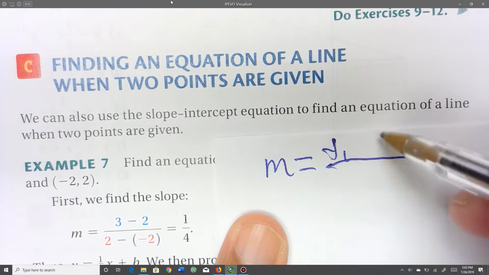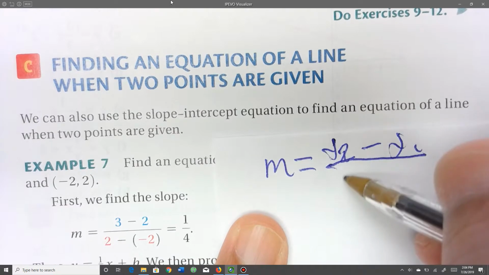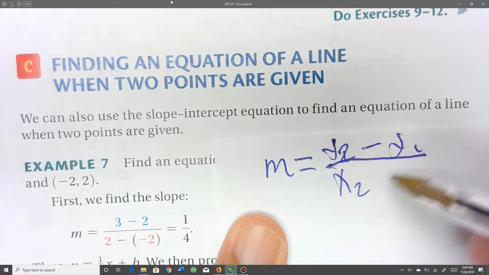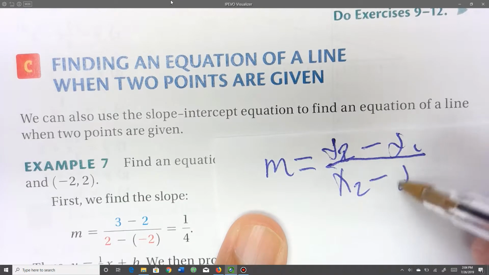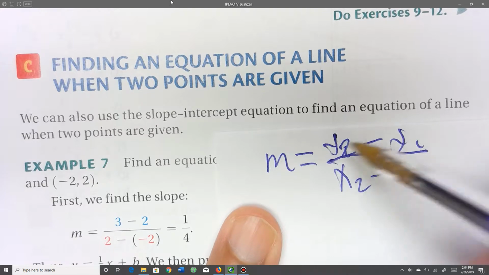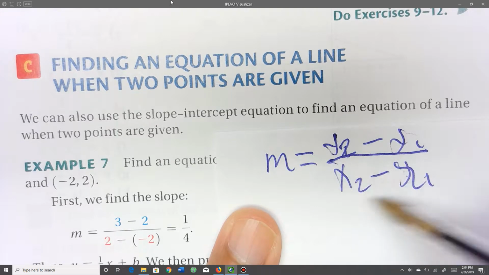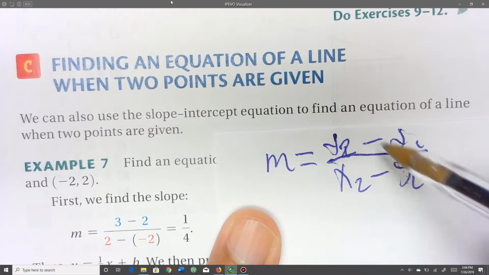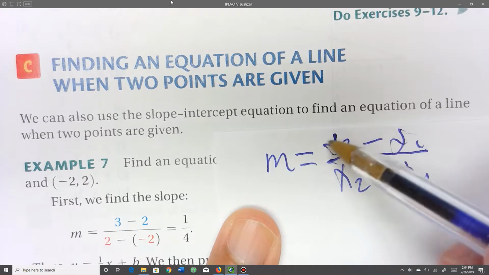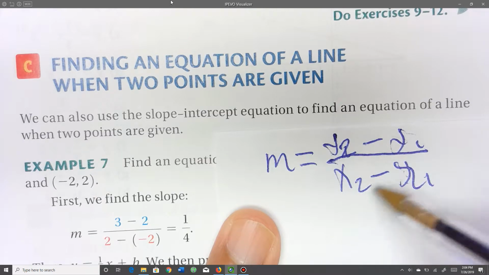That's y sub 2 minus y sub 1 over x sub 2 minus x sub 1. Notice that your y's are at the top and your x's are at the bottom. You can think of your y's as being your rise and your x's as being your run.